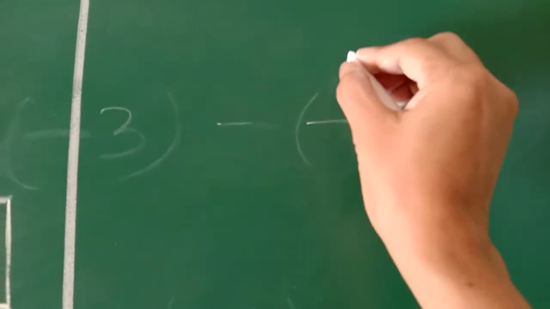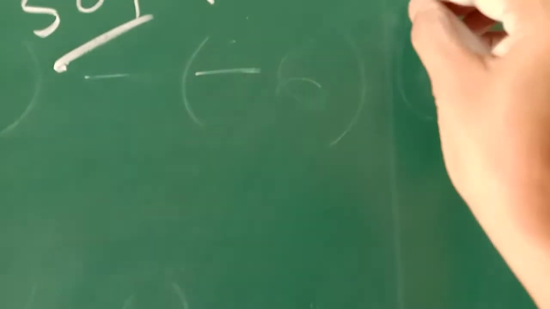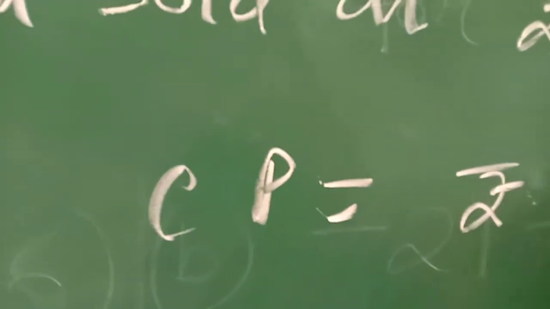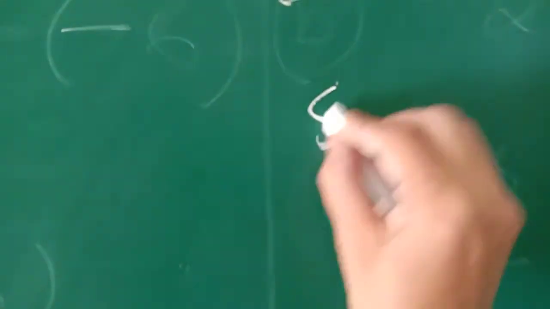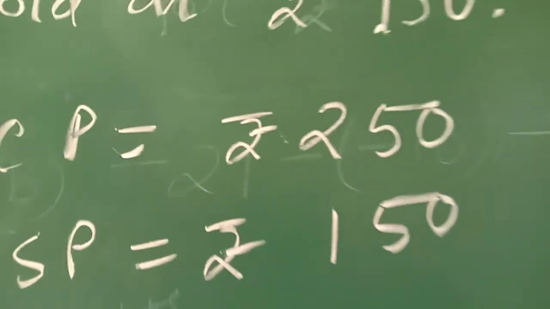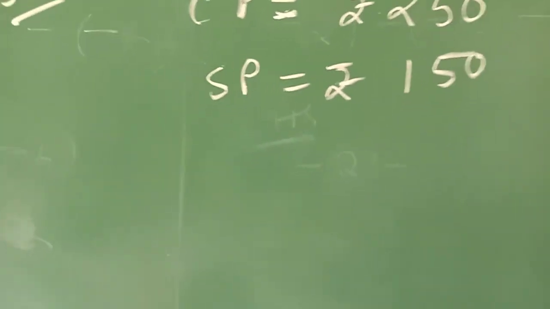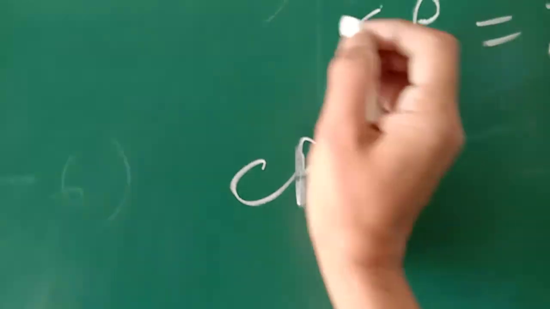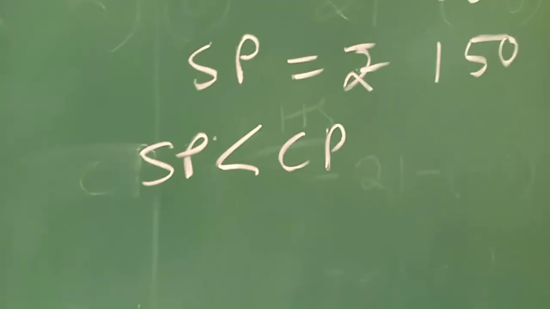So solution, scarf bought means CP equal to rupees 250, SP equal to rupees 150. CP also given, SP also given. Now here SP is less than CP, that means CP is greater than SP.